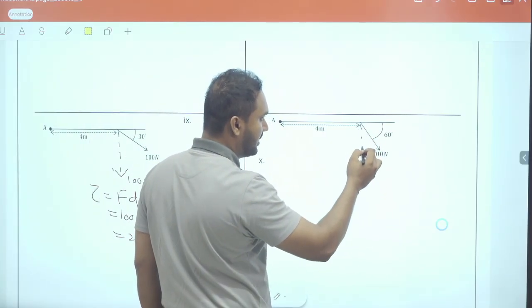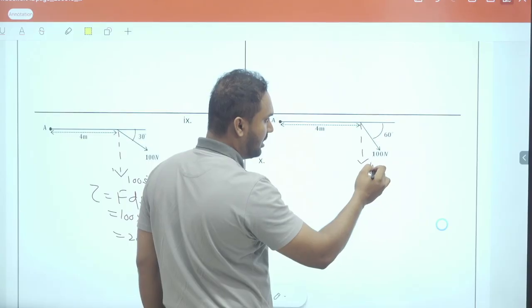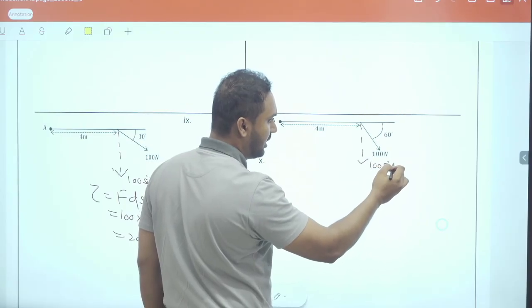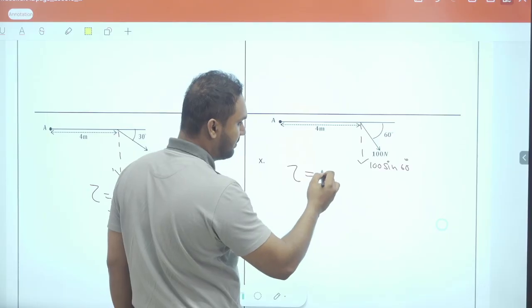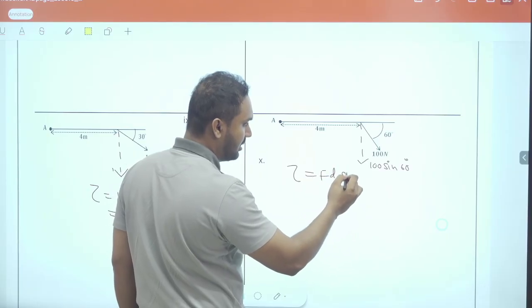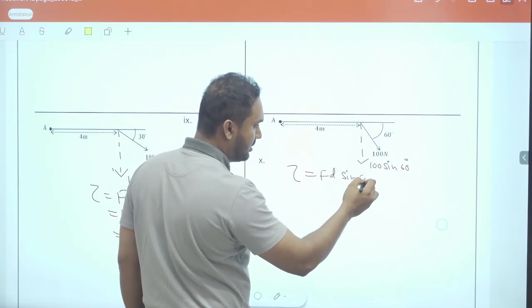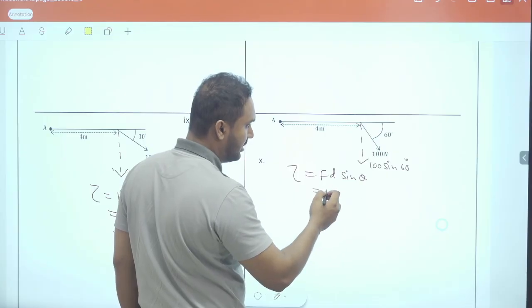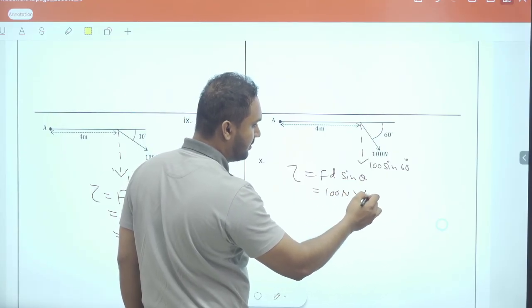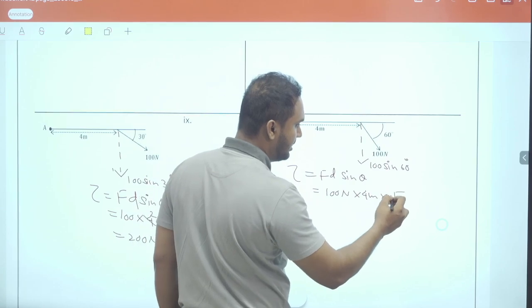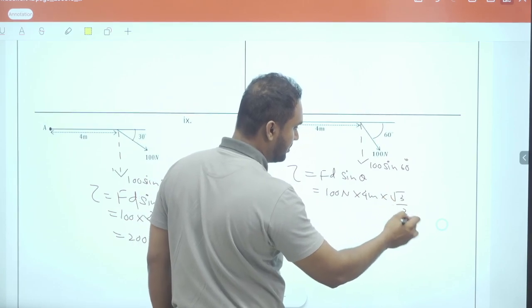What about this one? The force acting perpendicular is 100 sine 60. So tau equals Fd sine theta, that is 60. Now the force is 100 newtons, d is 4 meters, sine 60 is root 3 over 2.